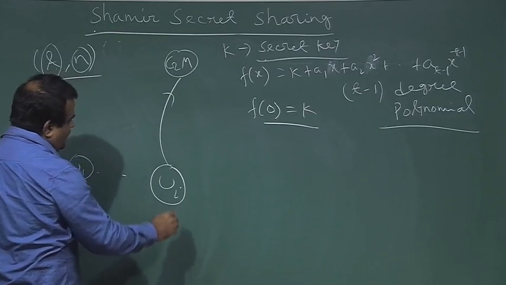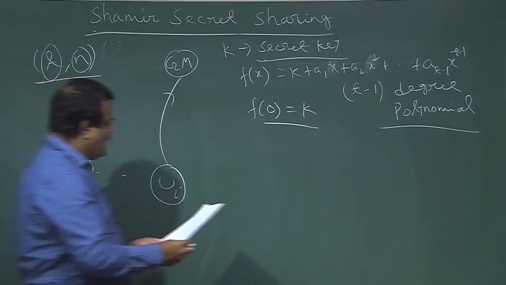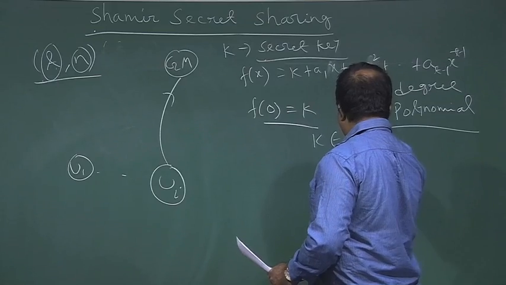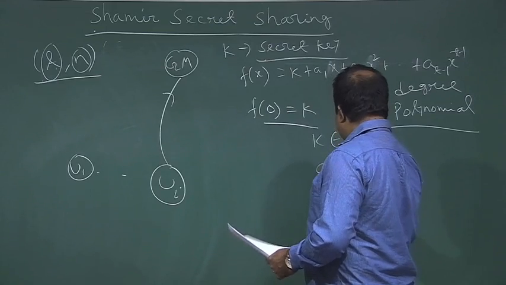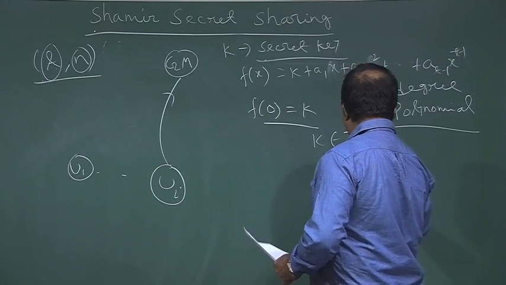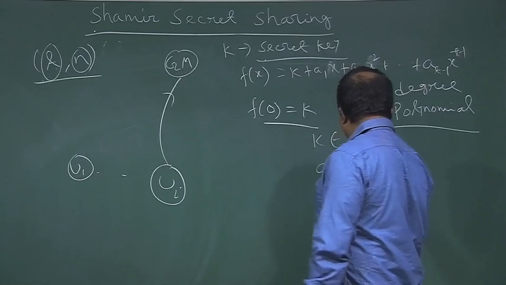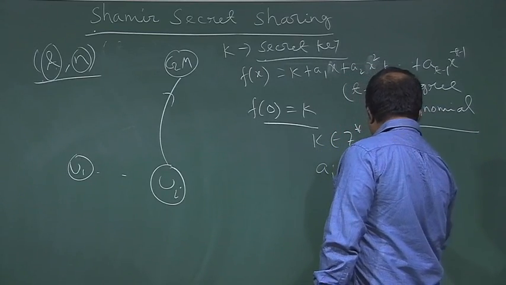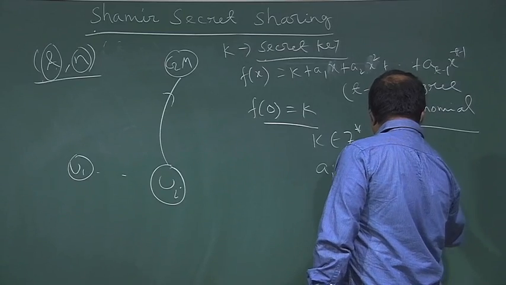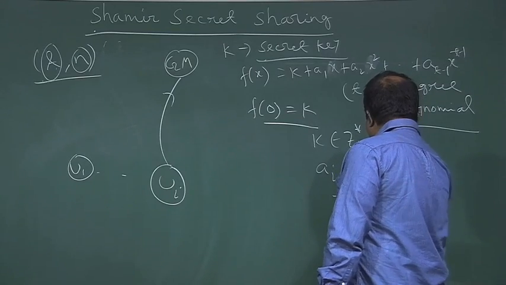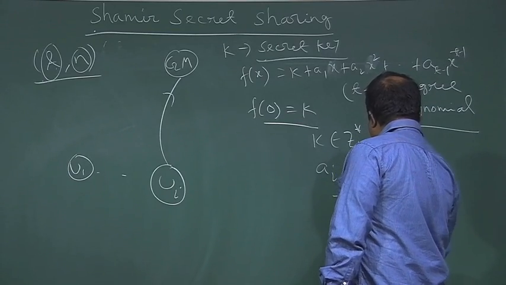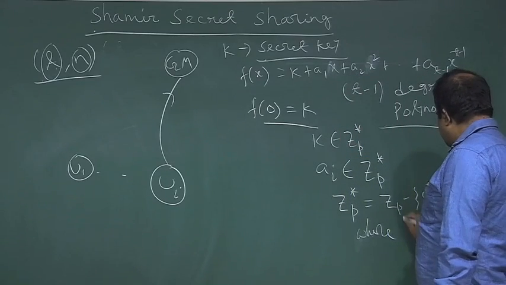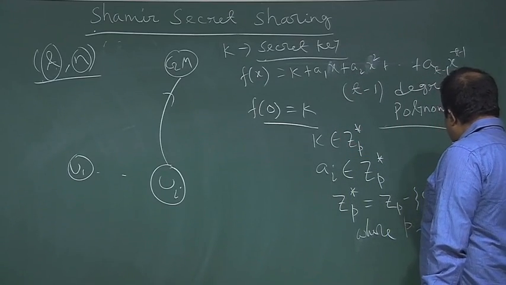This key and the a_i's are coming from Zp star, where p is a prime. Zp star is basically Zp minus 0, where p is a prime. Zp star is a cyclic group under the multiplicative operation.